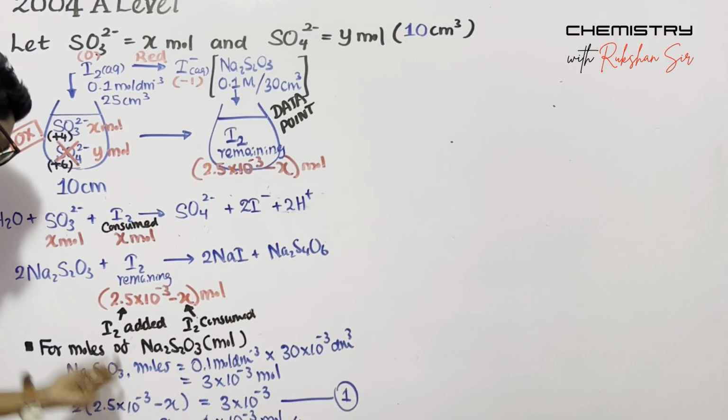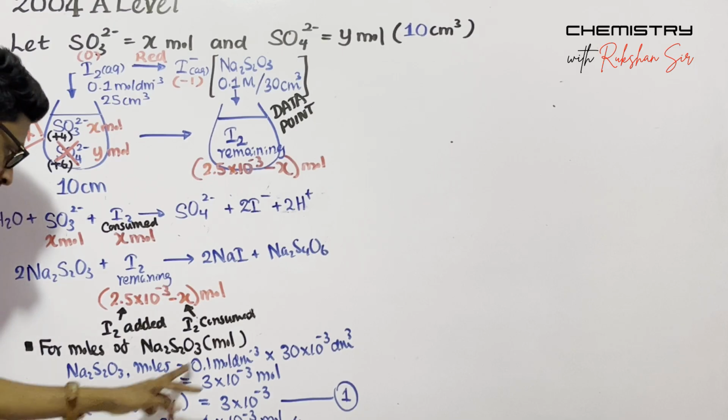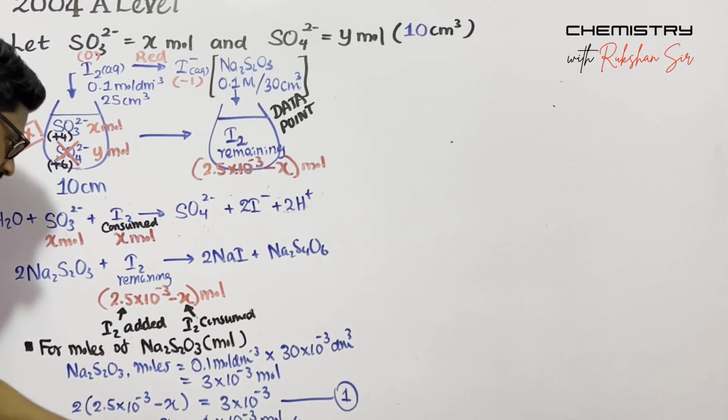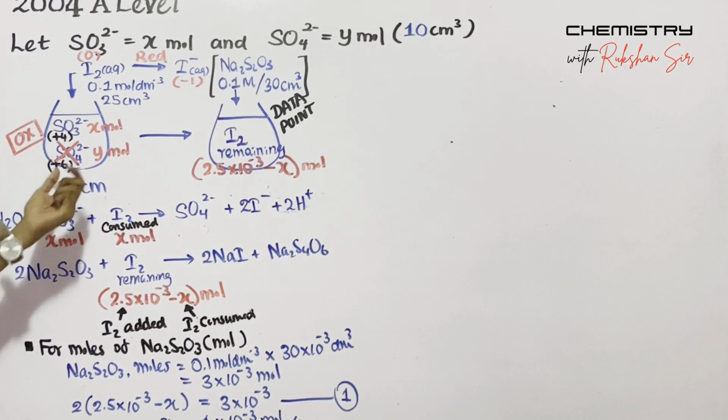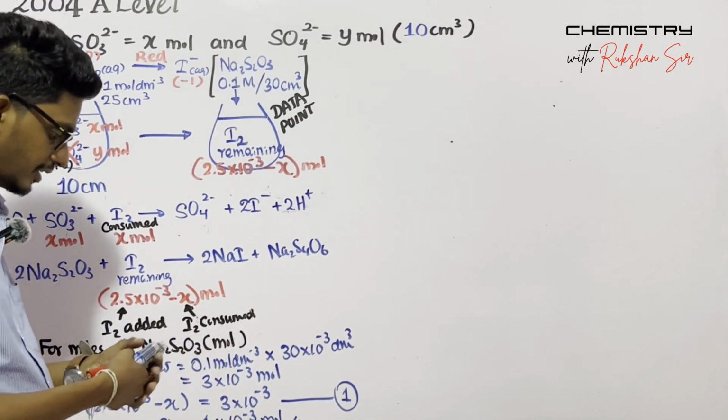This comes here while this goes there, giving you 2 into 10 to the minus 3 equal to 2x. So x is equal to 1 into 10 to the minus 3. So x is known. Now we can come up with the concentration of sulfite, right? Okay, that is the first procedure, right?